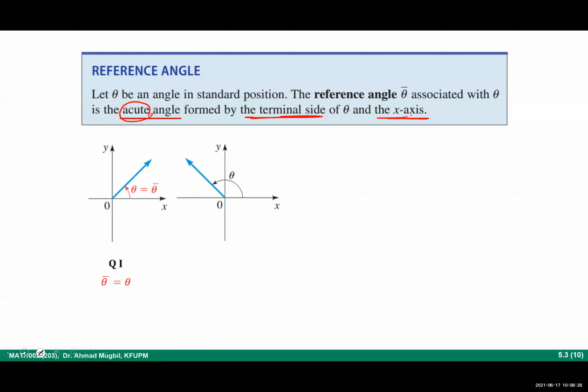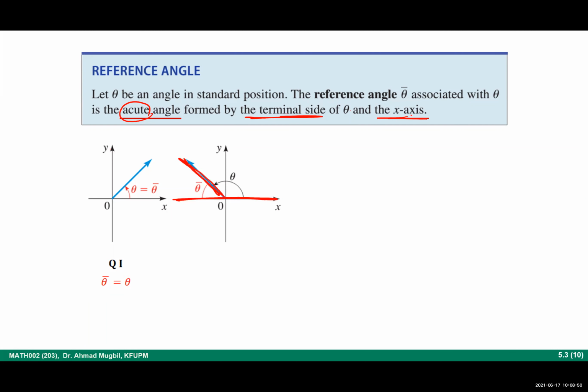Now, if we are in the second quadrant, wake up, Shabab. I will ask you one by one, by the way. If you didn't respond, try to participate, Shabab. Now, if we are in the second quadrant, where is the acute angle that is between the x-axis and the terminal side? This is the x-axis, and this is the terminal side.